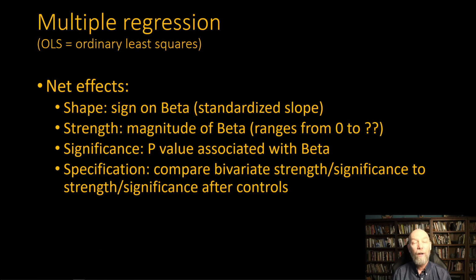So multiple regression that we're using here is something called ordinary least squares regression. In the prior video, I showed a best fitting line and a scatter plot, and I talked about how you measure all those distances between the actual case plottings and the prediction line, and you add them all up. Well, what you really do is you take that distance, you square it, and you add them all up, and that's called the ordinary least squares.